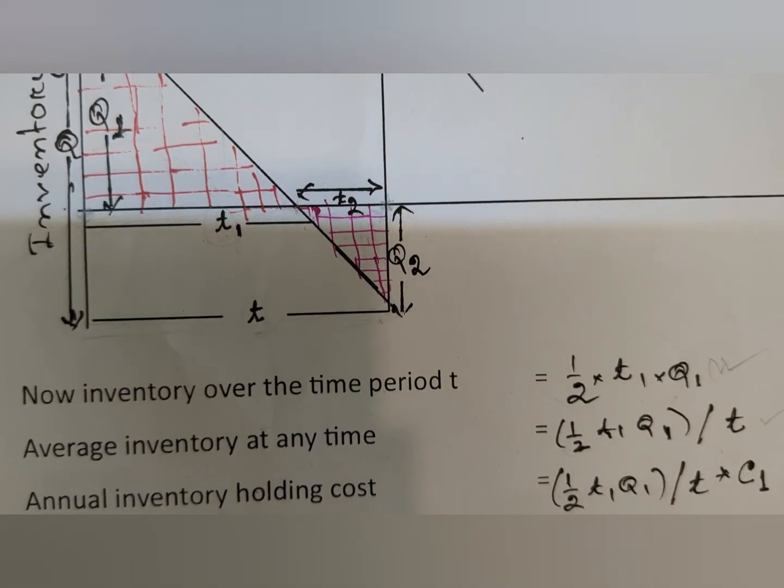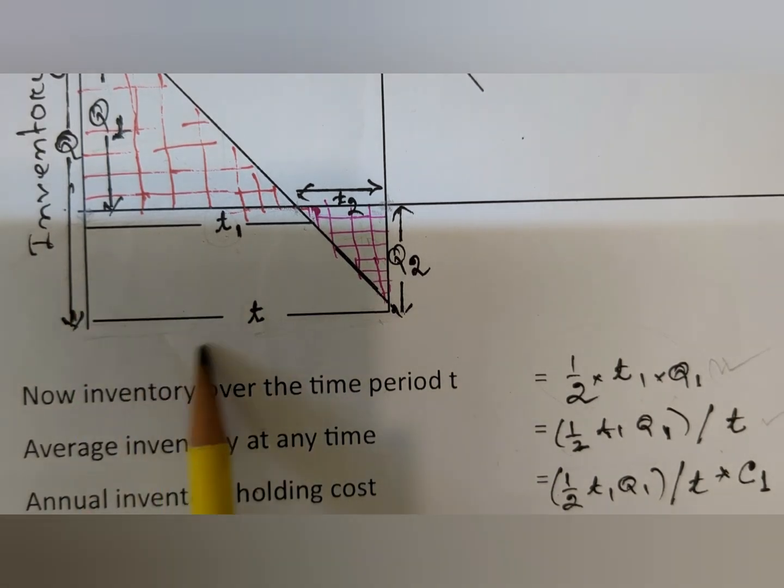Next, annual inventory holding cost. That will be this average inventory, that is inventory at any point of time, and C1 is the carrying cost or holding cost per unit of time.